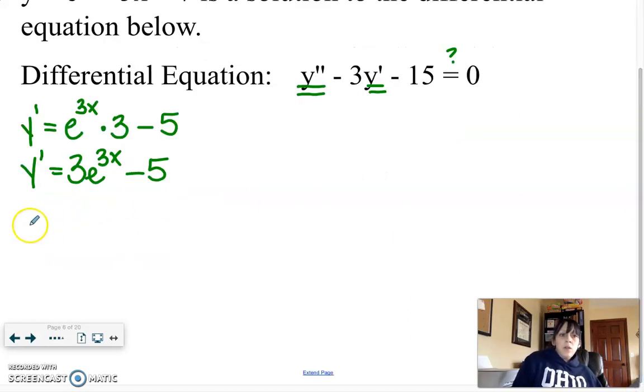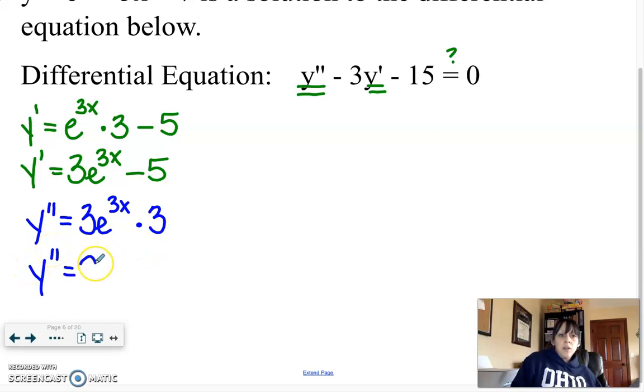Okay, I also need y double prime. So I'm going to take the derivative again. The derivative of 3e to the 3x would be 3e to the 3x times the derivative of baby, which would be 3. And then the derivative of negative 5 is nothing, so that would just go away. And then I'm going to clean it up again and call this instead 9e to the 3x.